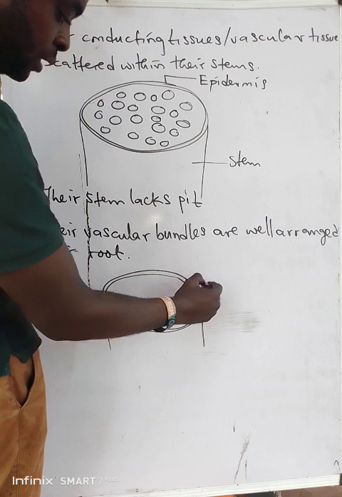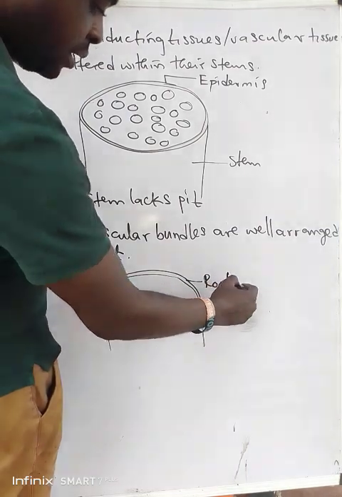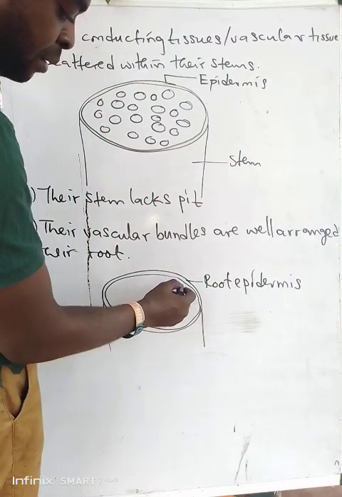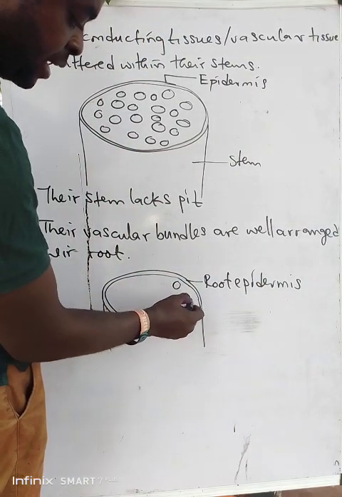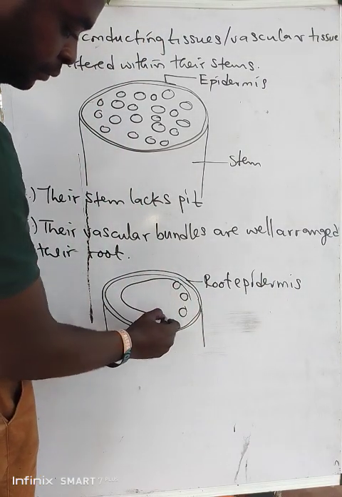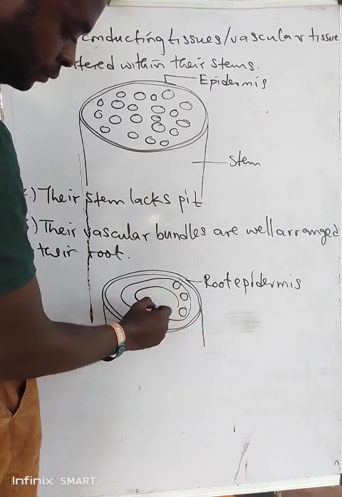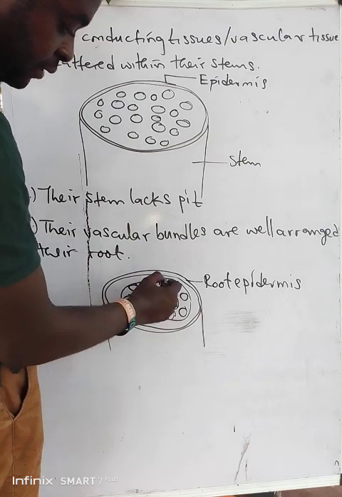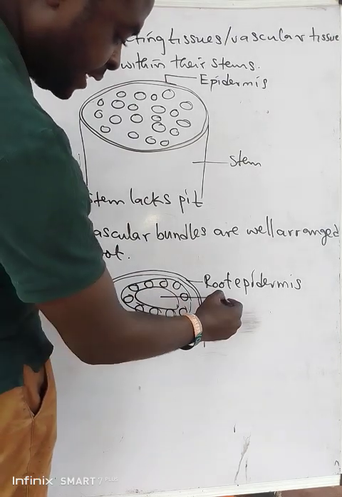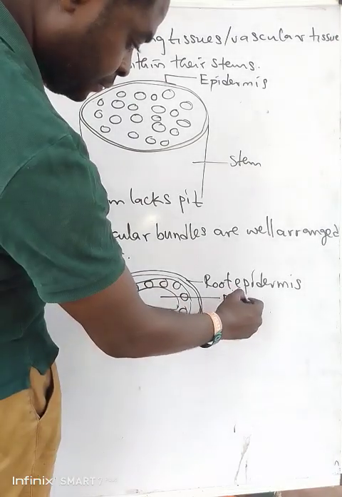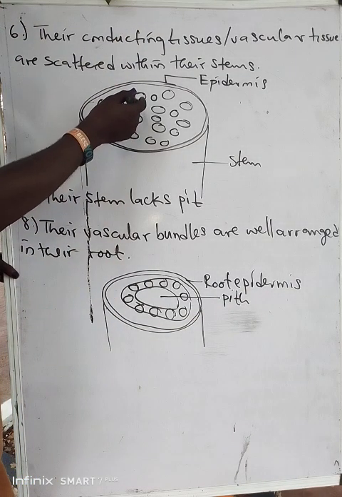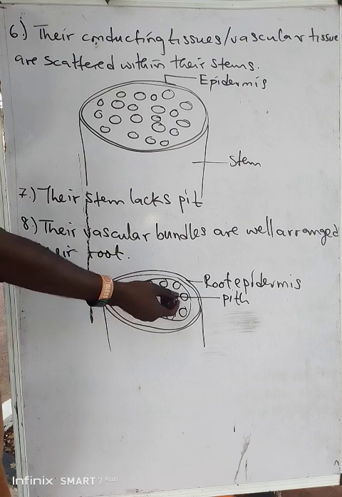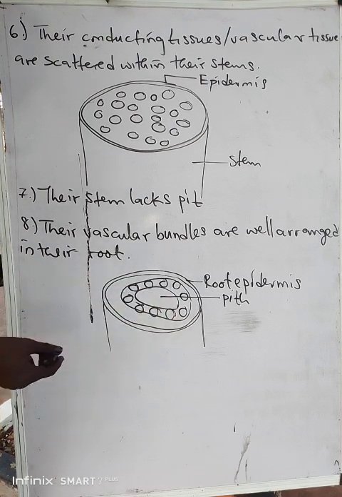This is the root epidermis. Then the vascular bundles are arranged in a cyclical fashion like this. Cyclical, well arranged. They are not scattered. This gap at the center is called pit. Nothing like pit here, right? Pit is the gap where there is no vascular bundle located.